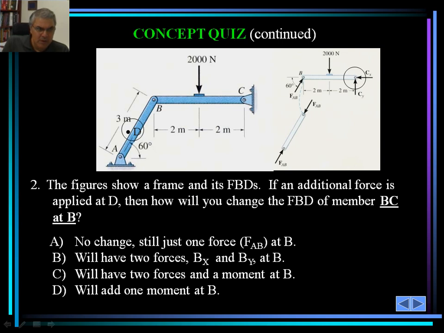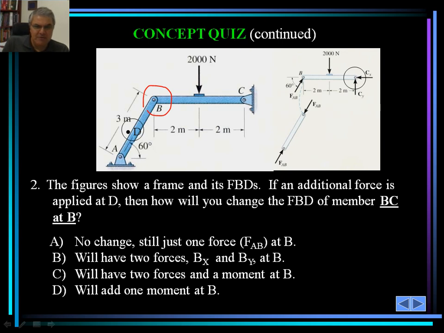Again, the force is this time applied at D. As such, it's going to change the two forces B sub X and B sub Y at B, because simply we're talking about B, and the force is applied right at D, and then it's going to affect the forces that are applied at B.